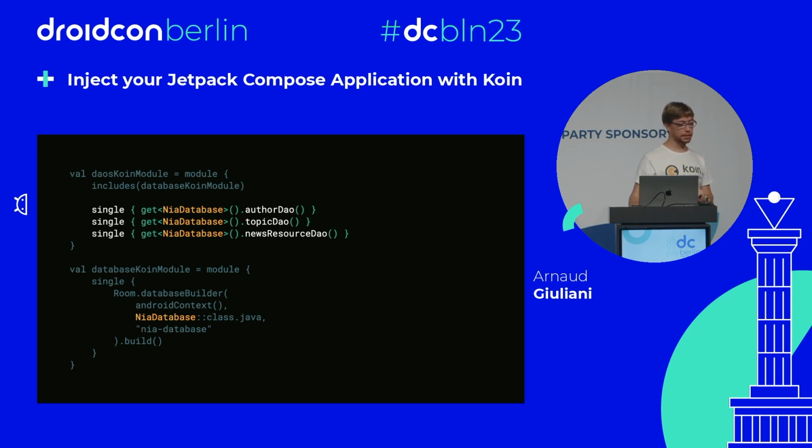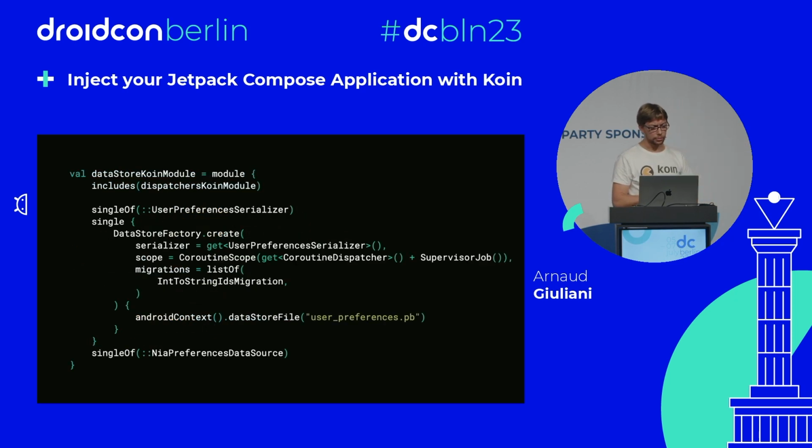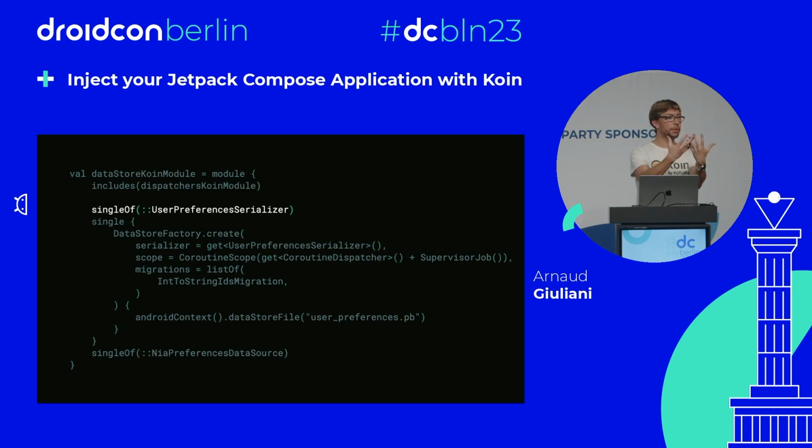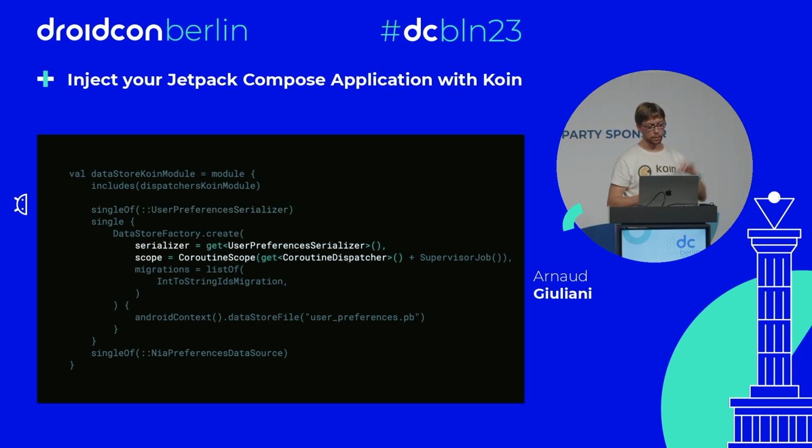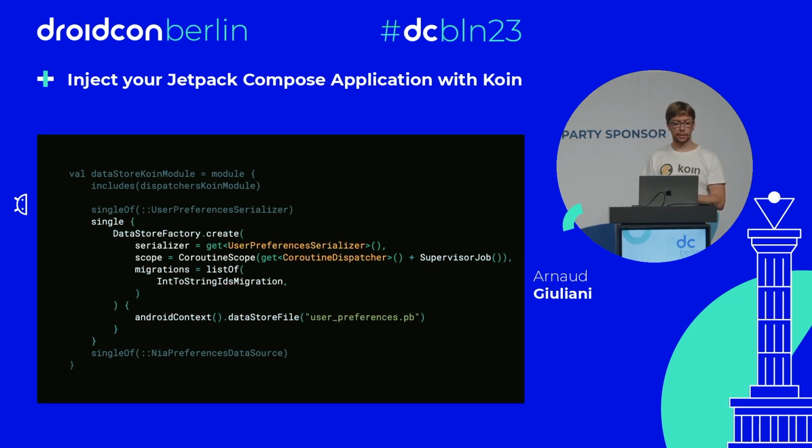First, the database layer. Then after that, it's the data store layer where we need a user preferences serializer. And then the same, we are using this user preferences serializer and our coroutine dispatcher scope directly to create an instance of data store that will be used in one of the data sources that we have here.